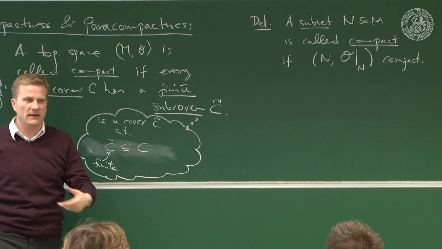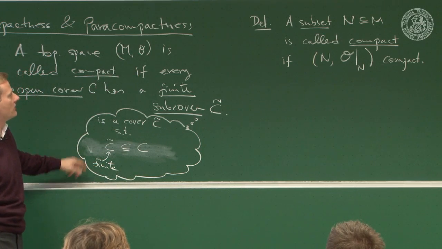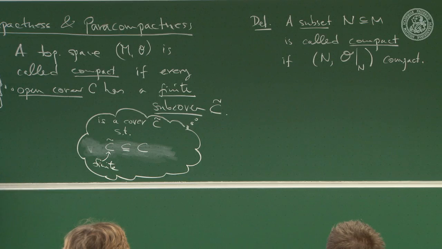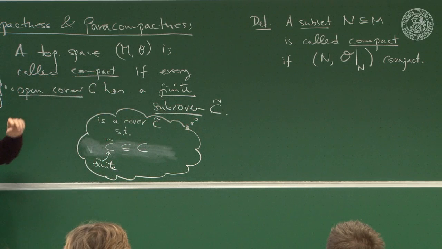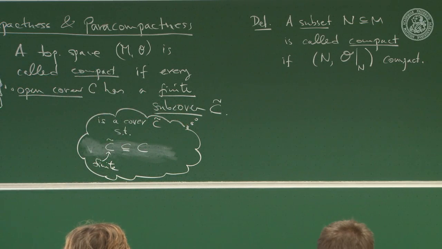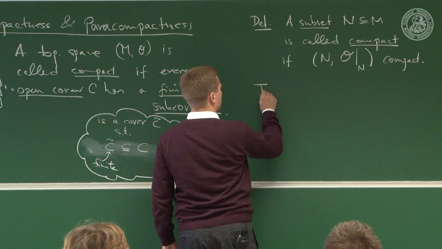Very often you check compactness or any topological property by finding an appropriate homeomorphism to a space of which you know the property. Anyway, this makes it very explicit that it's a topological property. It sometimes makes it hard to prove.